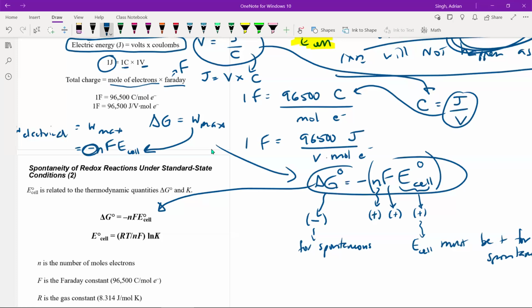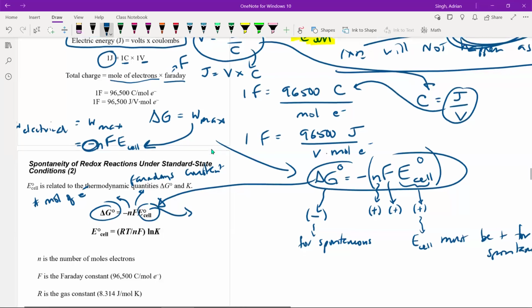So delta G standard is the product of the negative value of N, the number of moles, again, N is the number of moles of electrons, F is Faraday's constant, and then E of the cell is the cell potential, in this case under standard conditions. So we've just related delta G, something we saw before, to this new thing we're looking at in this section, which is E of the cell.